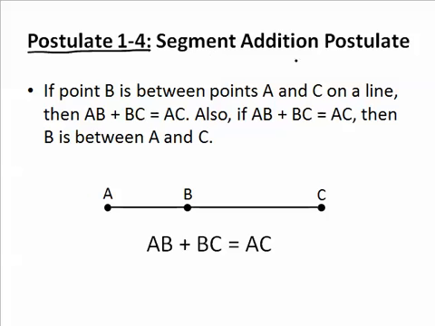This is the segment addition postulate. It says if point B, right here, is between points A and C, there's A, there's C, on a line, so they're all collinear, then AB plus BC equals AC. So this would be AB, this length right here.